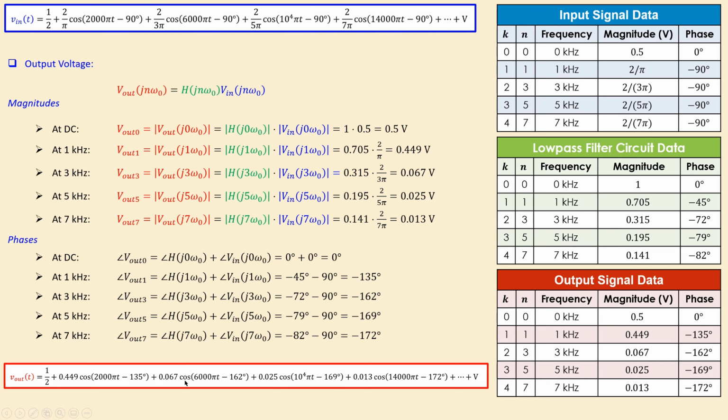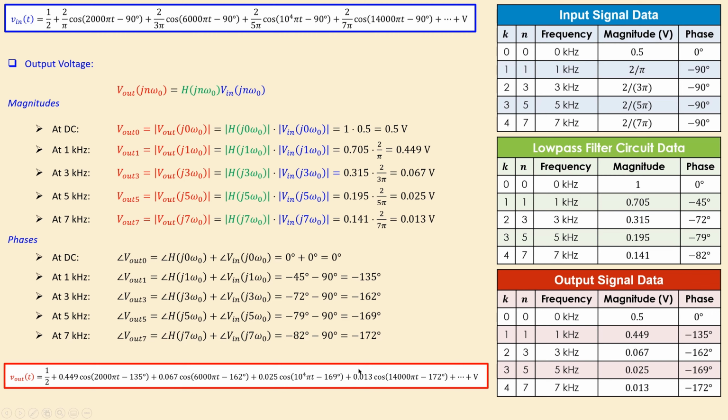The next one is 0.067, shown here, cosine, and then the third harmonic, so 3 times this, 6000 pi t, minus this phase. And then plus the next one, 0.025, and then I move on to cosine, and then I do 5 times the fundamental, which is 10,000 pi t, and then I use this phase.